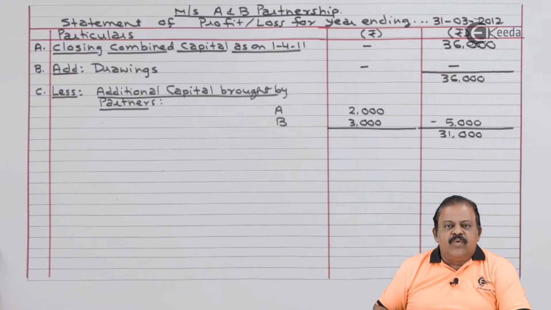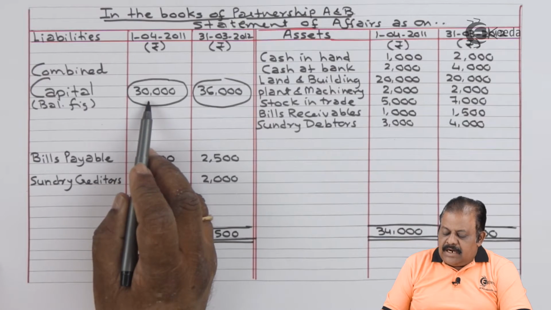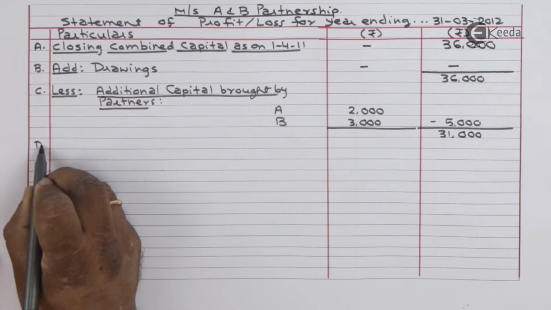From this, we are required to deduct opening capital. We have calculated opening capital, that is rupees 30,000.